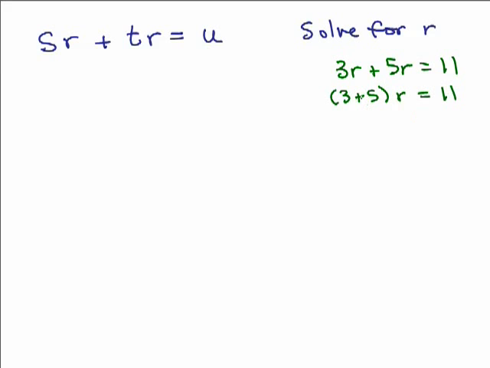And by the way, that's also an application of the distributive property. And that's how I usually like to think of this over here. You can either factor out R using the distributive property, or you could think of just adding the coefficients, which is S plus T. So either way you look at it, if you factor out R, it would look like this, right?